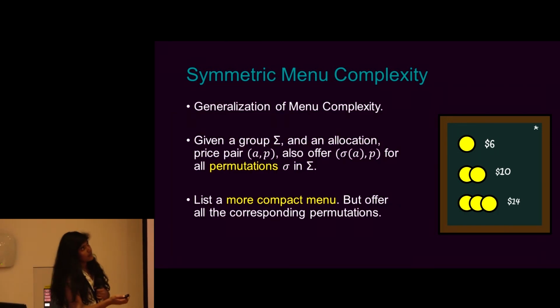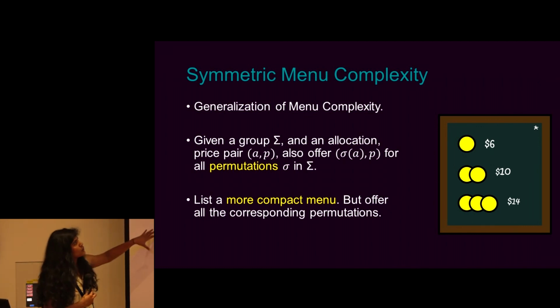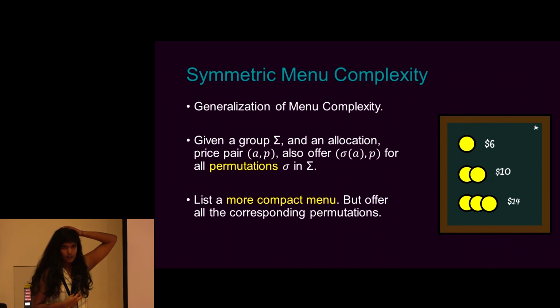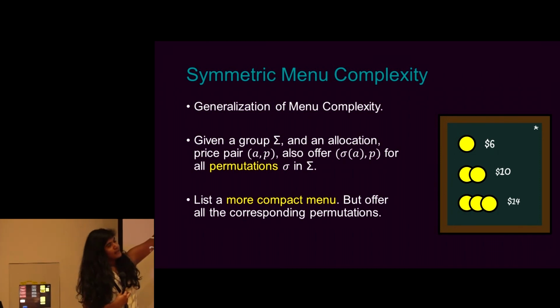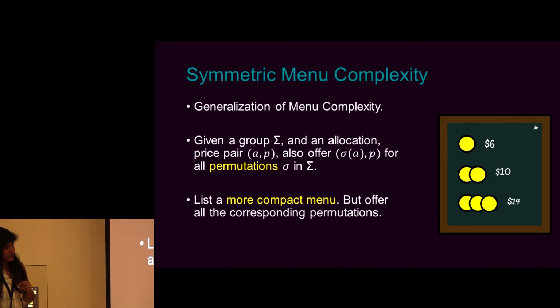So in a symmetric menu, if I give you an allocation and price pair, I'm also implicitly giving you the permutations of the allocations and the prices. This is a generalization of menu complexity. A trivial case would be to say that this group is the trivial group, so then the symmetric menu complexity and the menu complexity are the same.